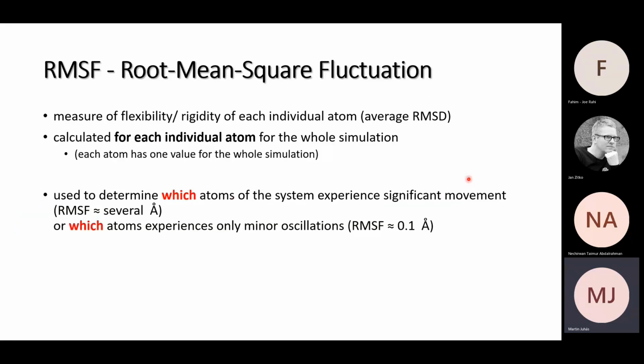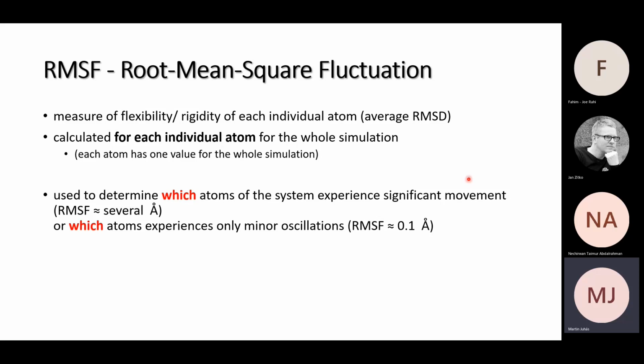The other important measure of difference or measure of flexibility is the RMSF. It's the root mean square fluctuation. This measure is used for individual atoms or individual residues. And it's supposed to give you information about which atoms or which residues in the system are moving the most.